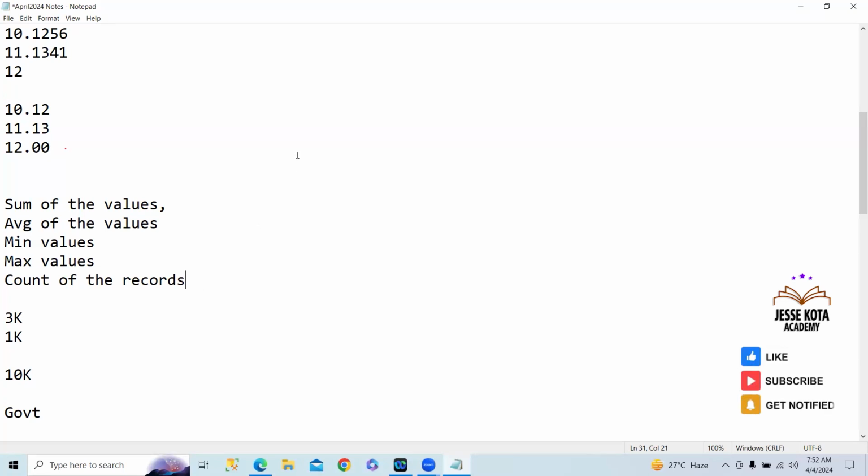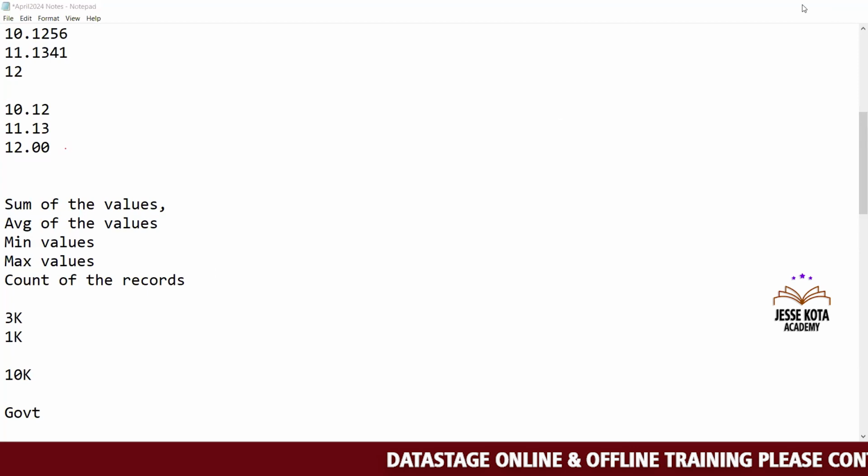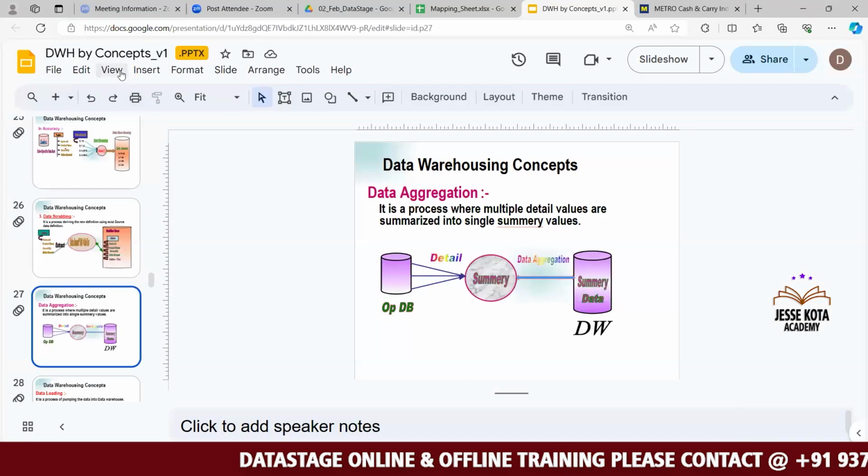Okay, so any questions guys here? For example, I want to pick the maximum transaction value, minimum transaction value, and count of transactions. All this comes under the category of data aggregation.